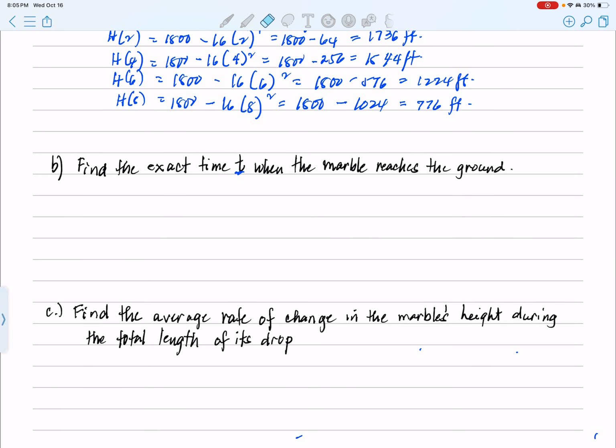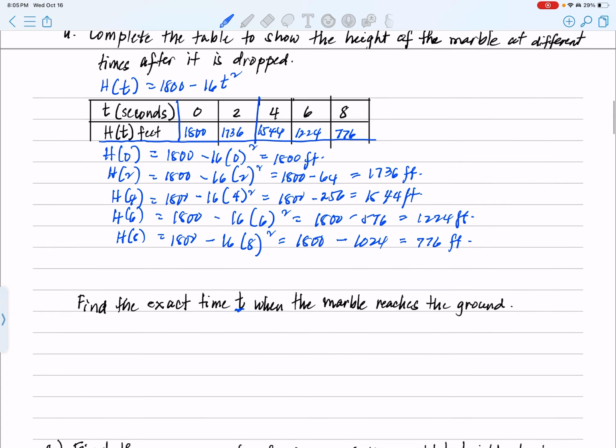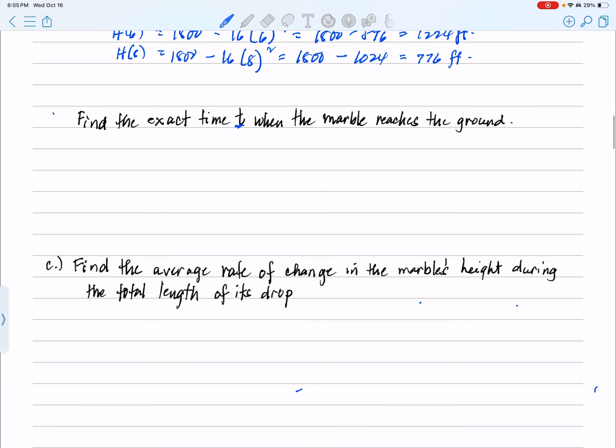Let's say, for example, the marble is somewhere here in the beginning. It is dropped, drop, drop, drop. Say this is the ground.